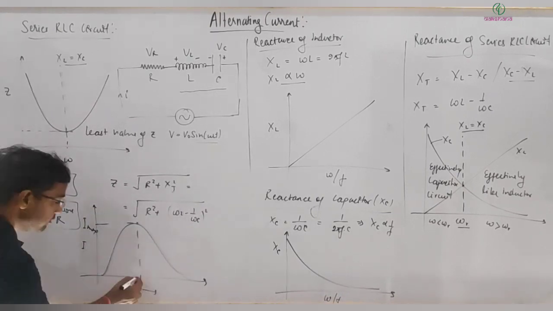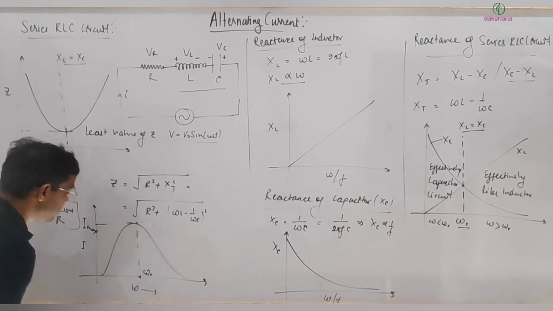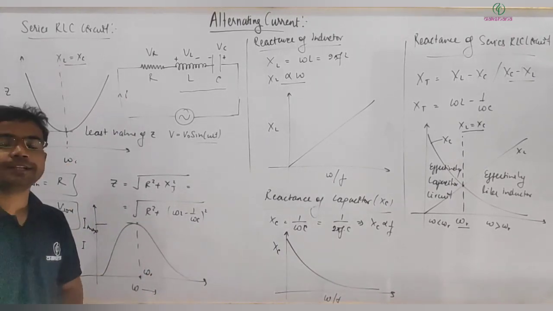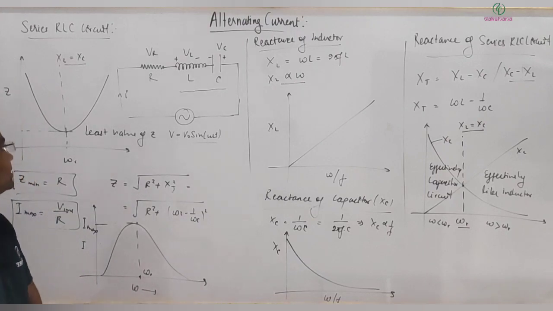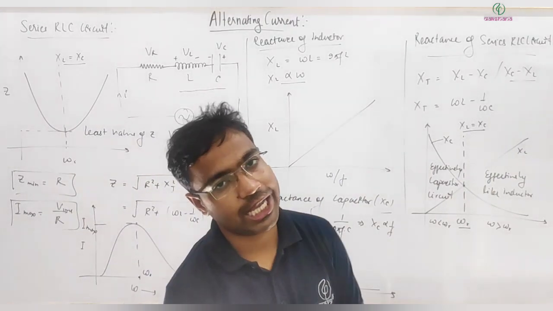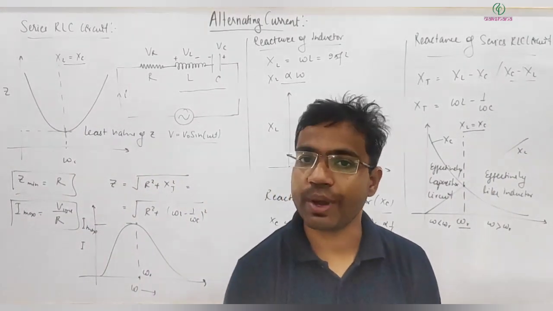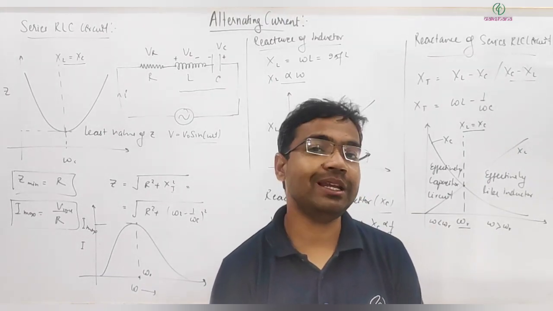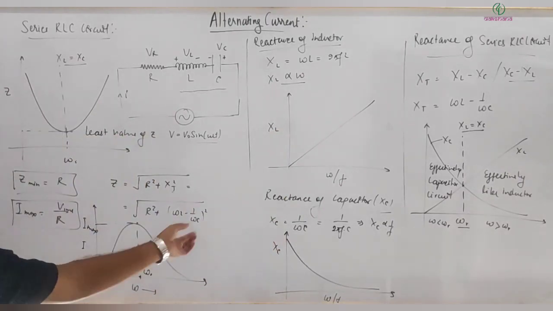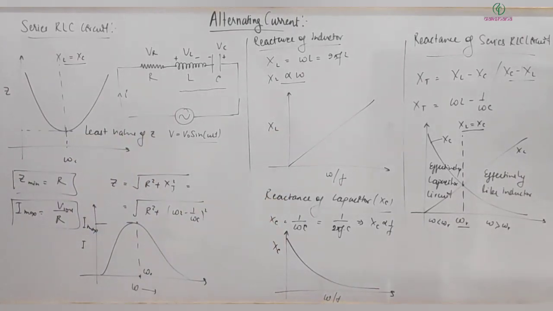So at this particular frequency omega R, the current in the circuit is maximum, so power dissipation will be what? Maximum, because power is dissipating only across the resistor, that is I square into R. I hope you are clear with this diagram. Let me erase that first.